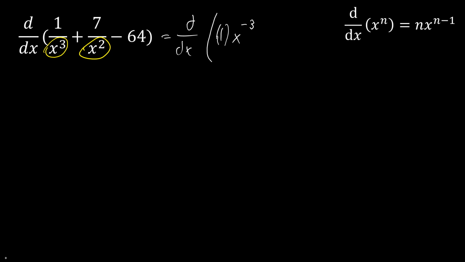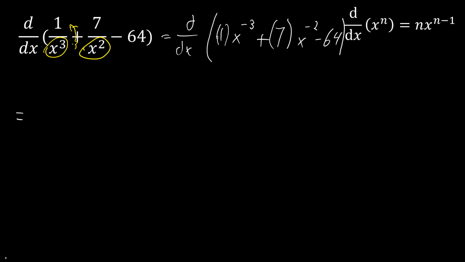Basically, there's a rule in algebra that says if there's a variable down here to a power, you can just make it to the same power but negative, and you can bring it up top. So remember that when you're doing derivatives, especially with the power rule. Then that's going to be plus 7 times x to the negative 2 minus 64.